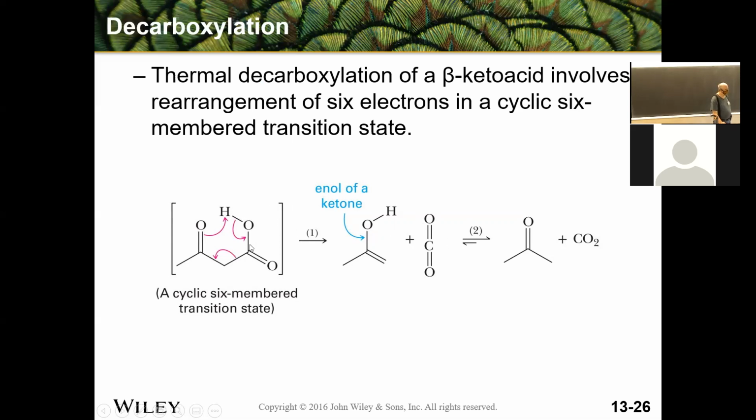We form a double bond here, we break this bond, and then we initially form this enol. In the last chapter we talked about enols. That's where you have an alcohol directly attached to an alkene. Most enols are not stable, so this one is going to rearrange to form acetone.